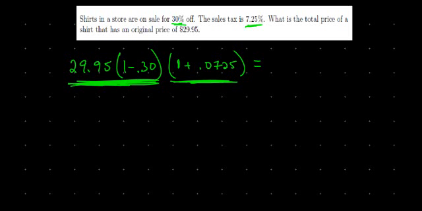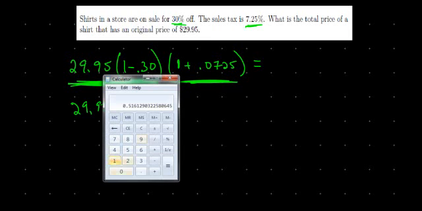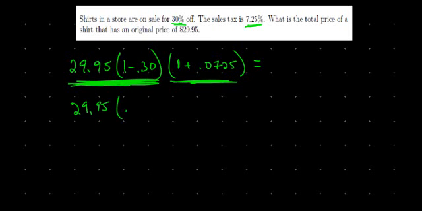So let's get here, we got 29.95 times (1 minus 0.3), which is 0.7, and then we multiply by 1 plus 0.0725, and that's just going to be 1.0725.